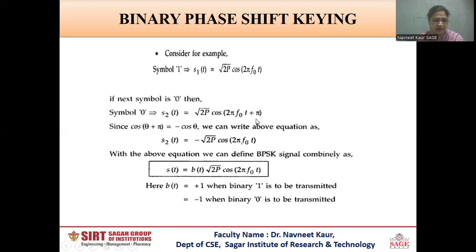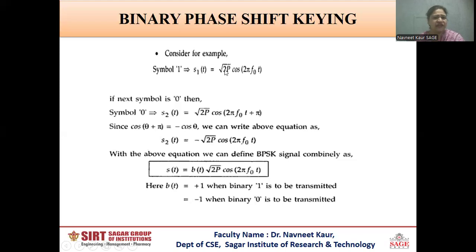So here, instead of this whole equation, I will have minus cos 2 pi f naught t. So I'll have the equation of S2(t) as minus root 2P cos 2 pi f naught t. So when the message is 1, the carrier is represented by this equation, and when the message is 0, the carrier is represented by this equation, which is the negative of the original carrier equation.